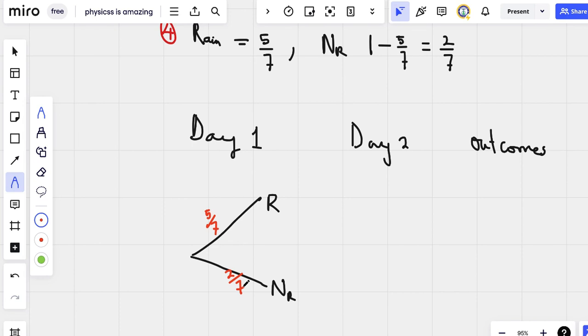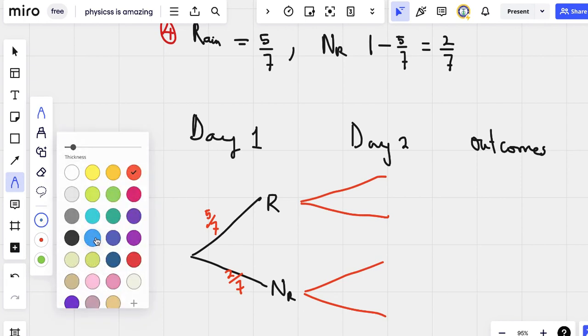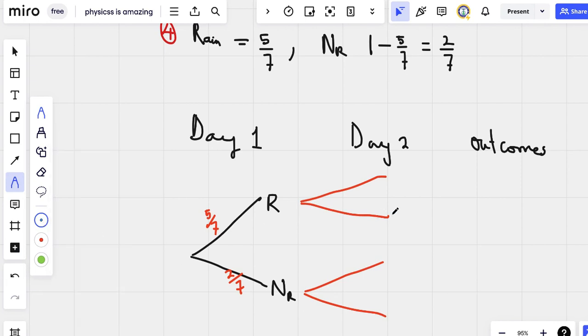Okay? Now on day 2, it rains or no rain. That's what we get on day 2 as well, right? Same here. So on day 2, we have either it rains or it doesn't rain.